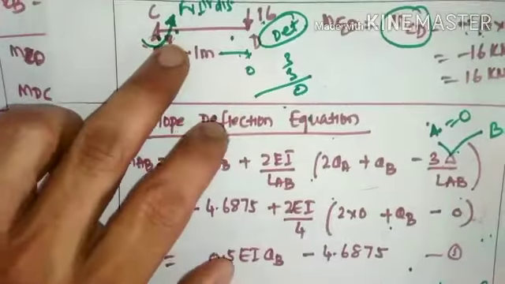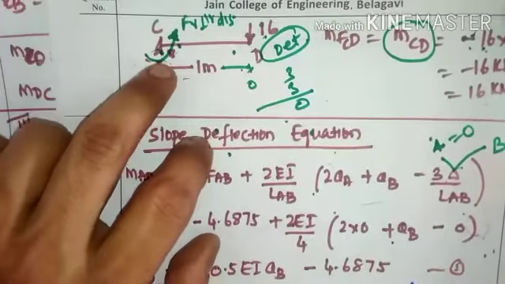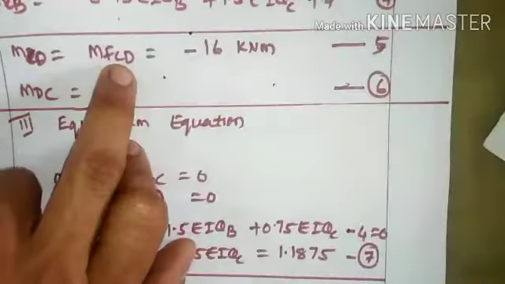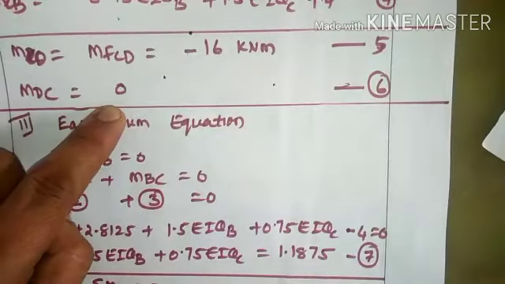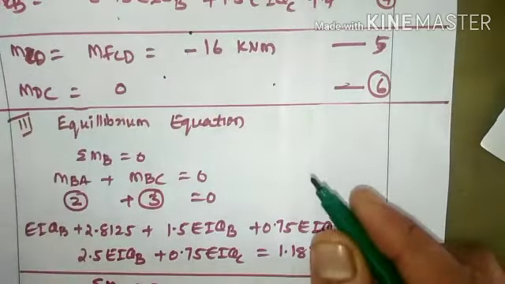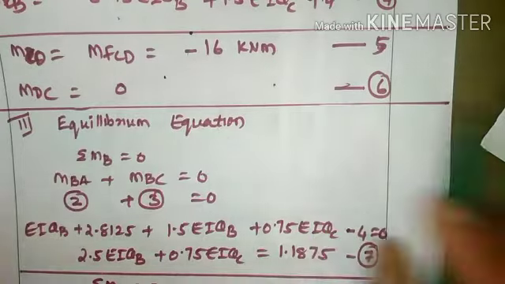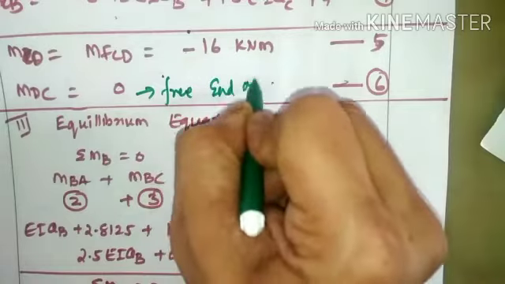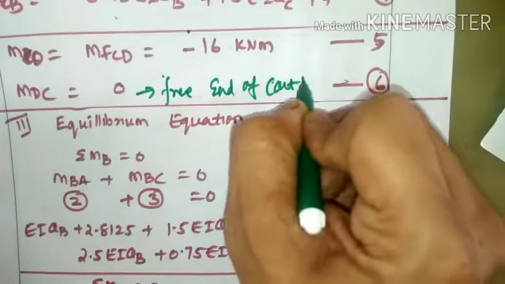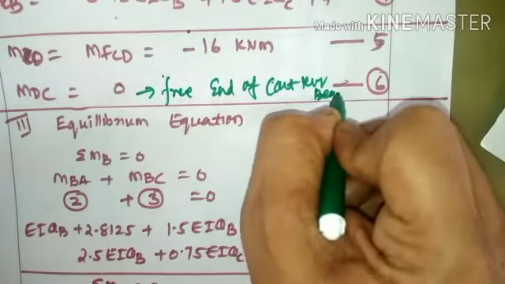When I write this slope deflection equation, I will not be applying it for the determinate structure. That is, MCD is equal to MFCD, which will be minus 16. So MDC will be equated to 0. So these are nothing but the equations. Why is MDC 0? Because it is the free end of the cantilever beam.